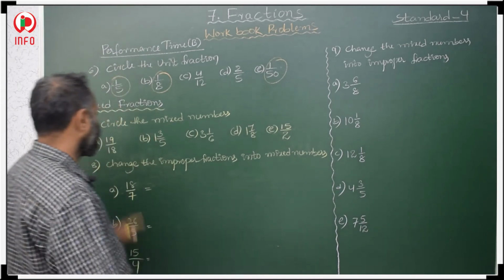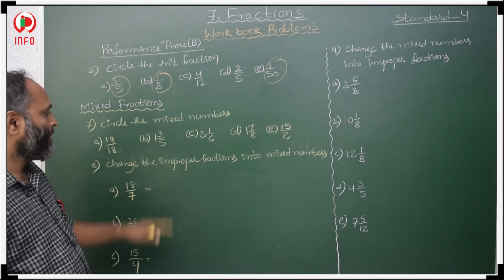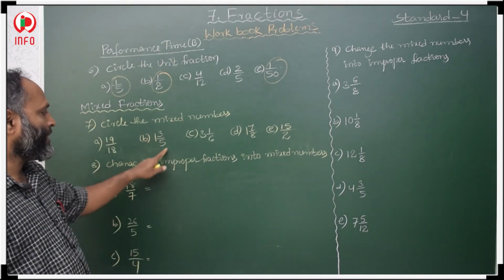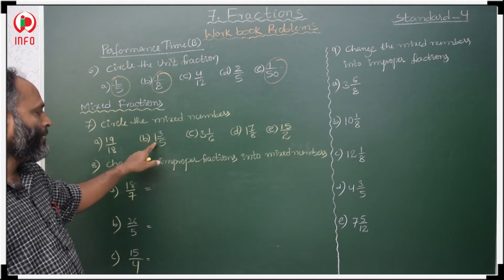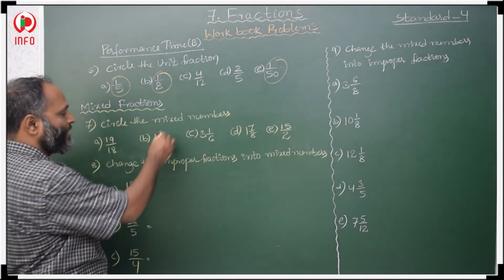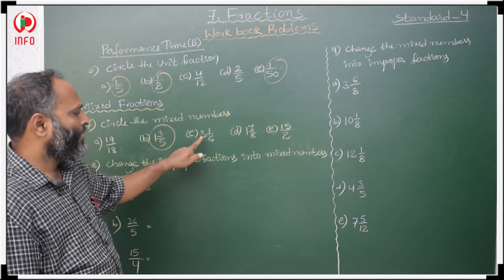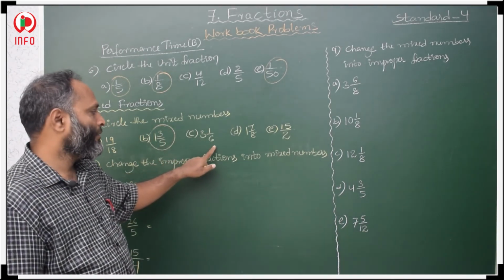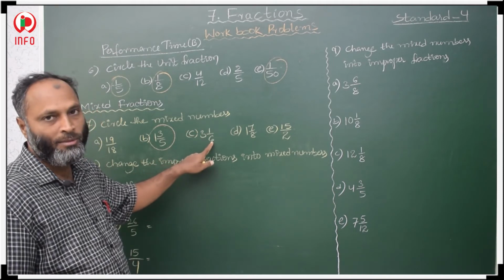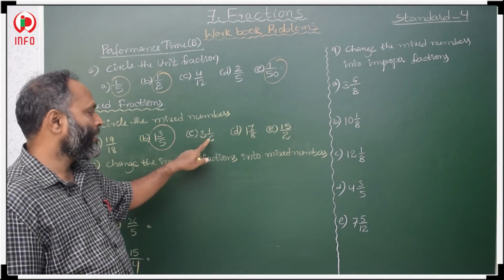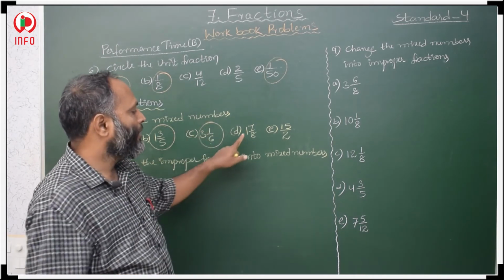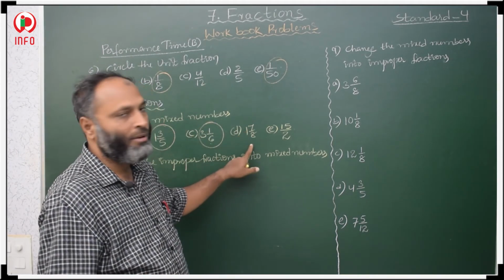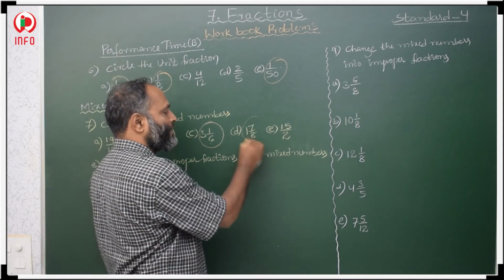See here, this is not a mixed fraction. This is a whole number with a proper fraction. Whole number is there and proper fraction. A combination of a whole number with a proper fraction is a mixed fraction, circle this one. Here, a whole number with a proper fraction, so it is a mixed fraction.